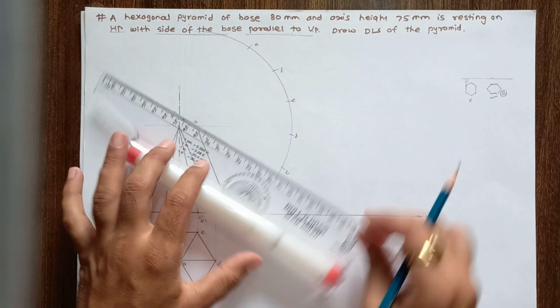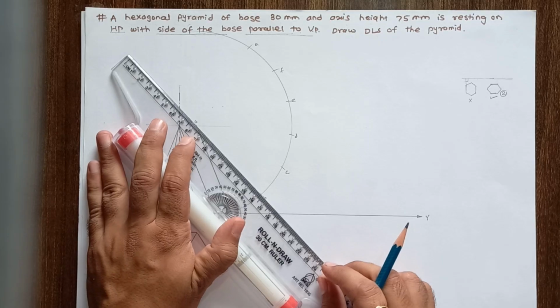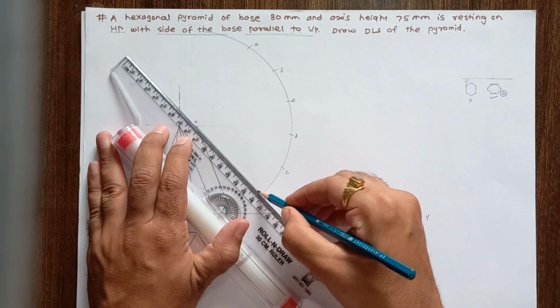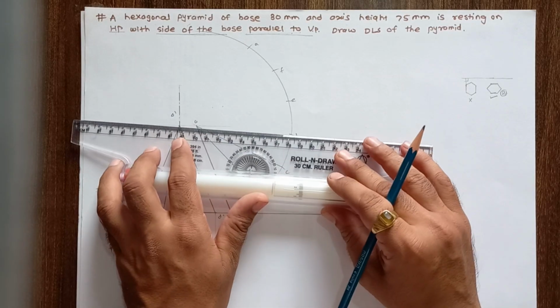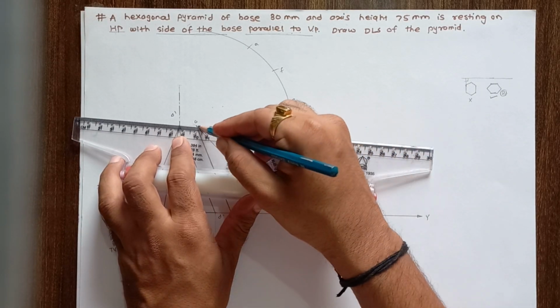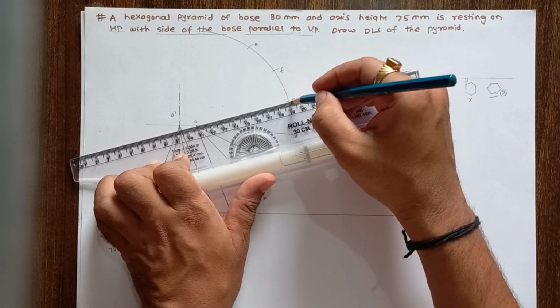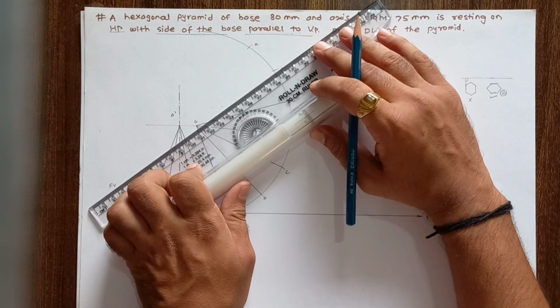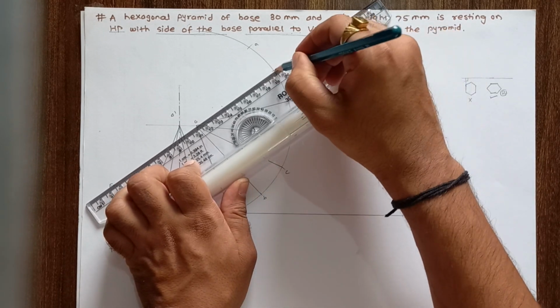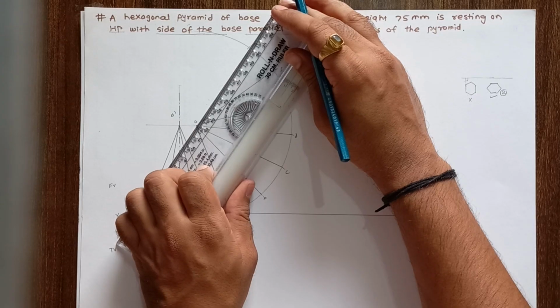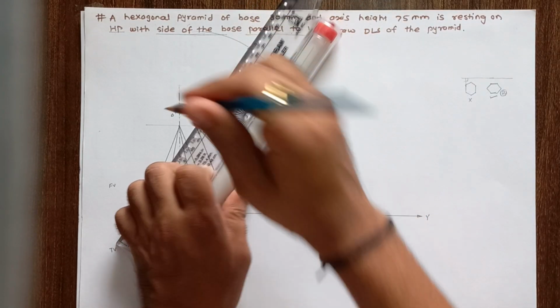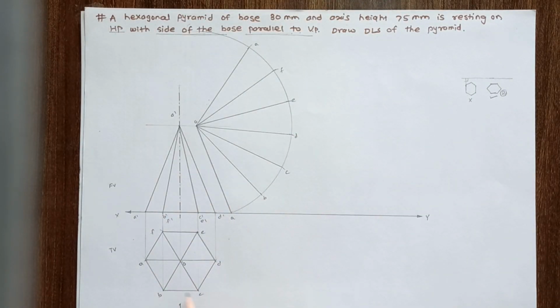Now join OB, OC, OE, and OA. Now here you can see AB, BC, CD, DE, EF, and FA.